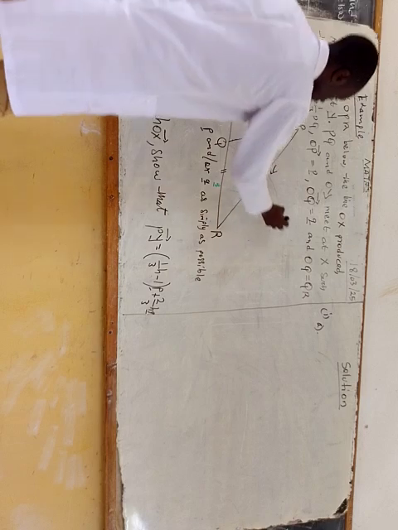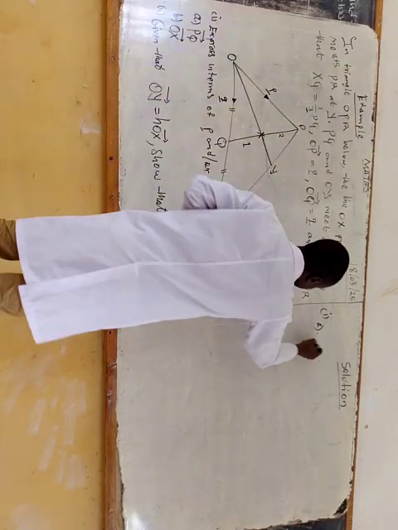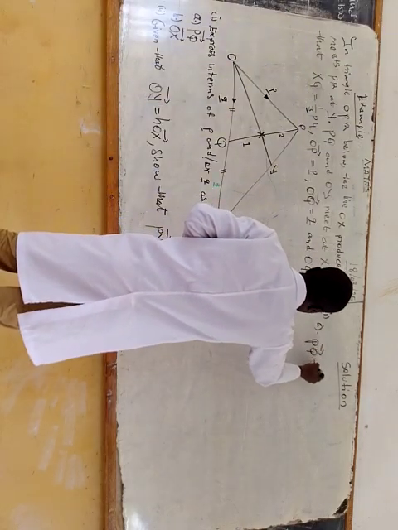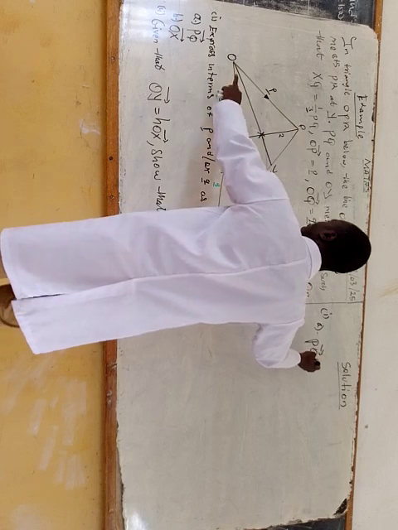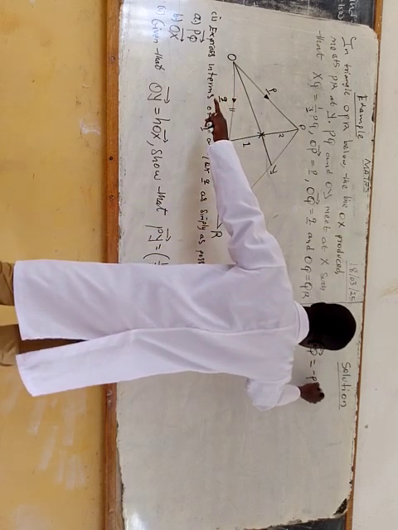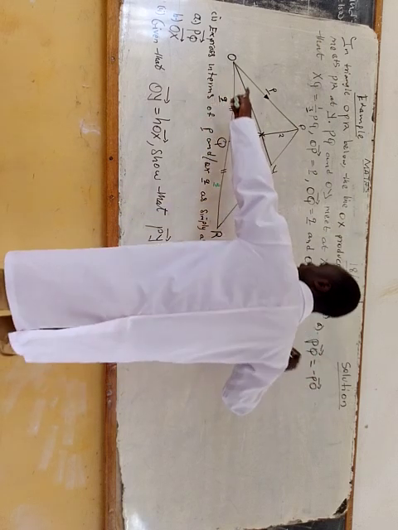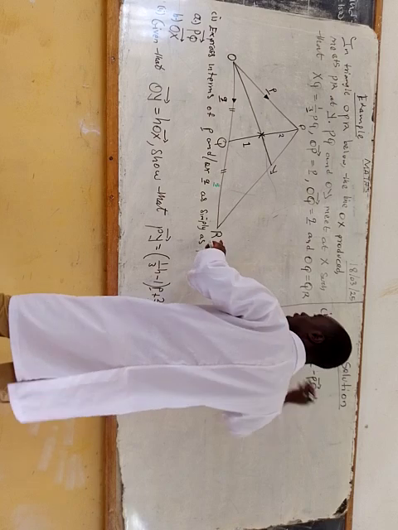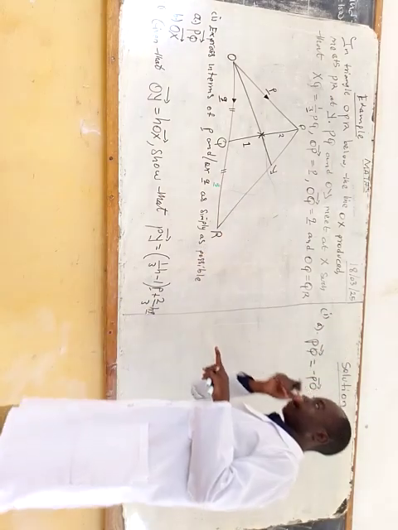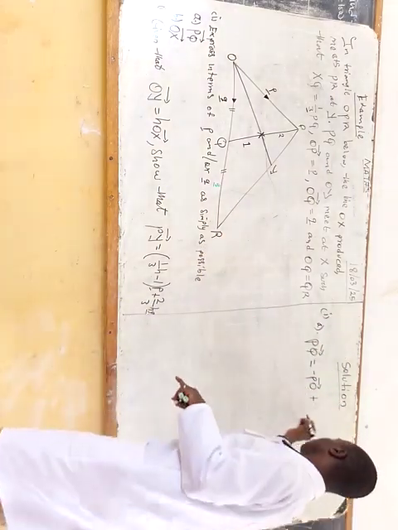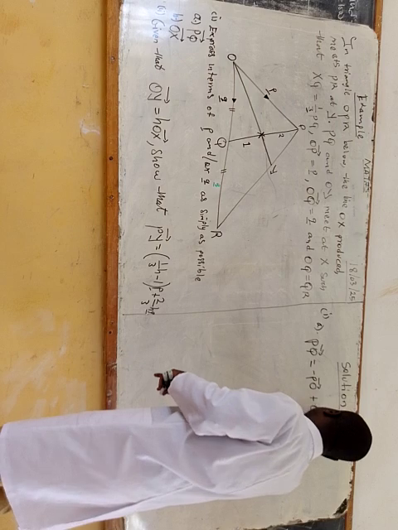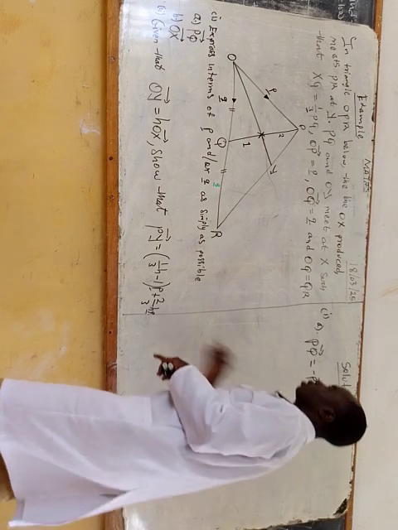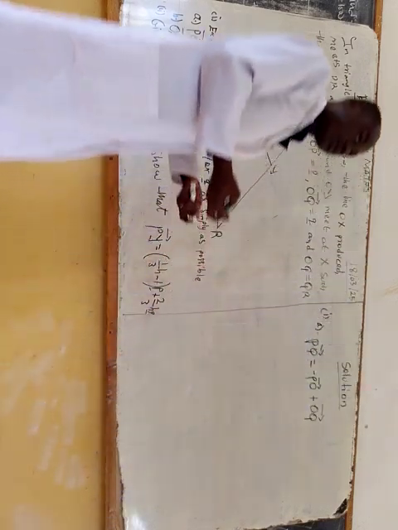So vector PQ is negative PO, then plus OQ. So your job is simply to substitute.